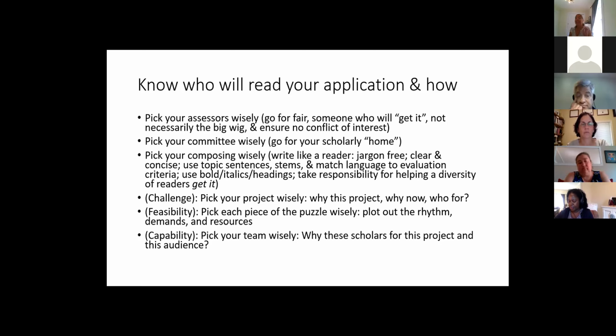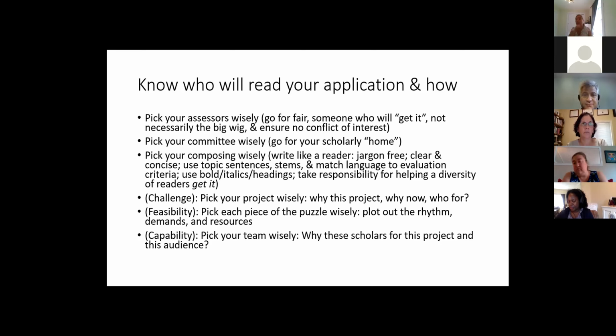Next is feasibility. You want to pick each piece of the puzzle of this project wisely. You want to show how each piece goes together and plot out that rhythm, the demands, and the resources. So what that means is, when you are looking at that budget, you want to go through your application and say, okay, I need to accomplish X, Y, and Z. What are the resources that are required to accomplish X, Y, and Z?